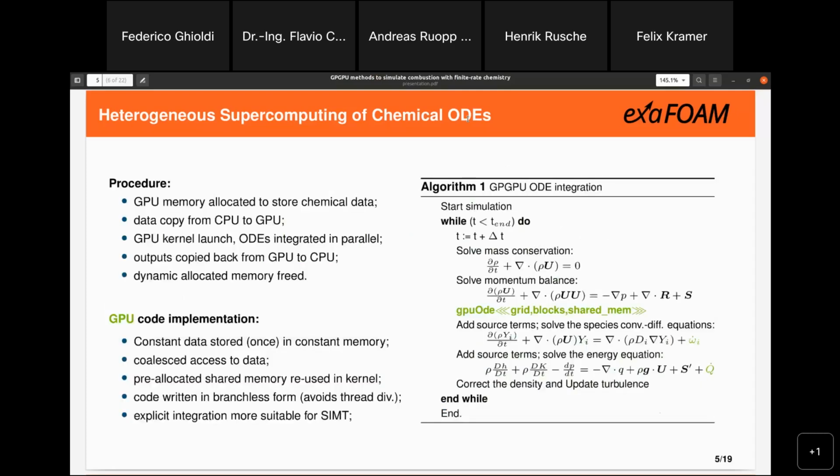So from an informatic point of view, whenever you get to the point where you need to solve the ODE equations, you have some libraries which allow you to allocate the GPU memory that is required and copy the CPU data directly onto the GPU. Because we are using these libraries, we have the advantage, as I said, of avoiding memory leakage.